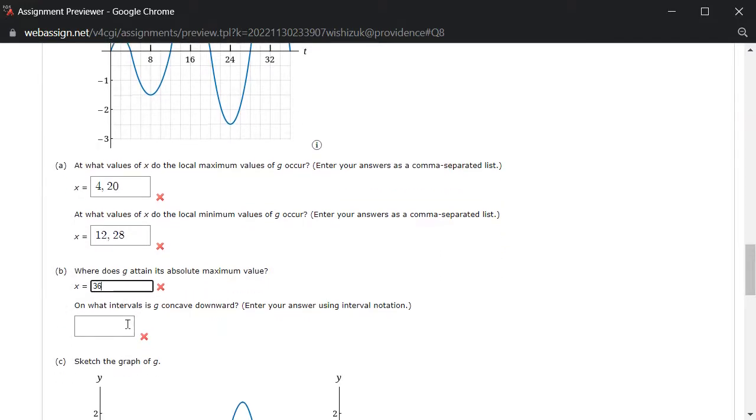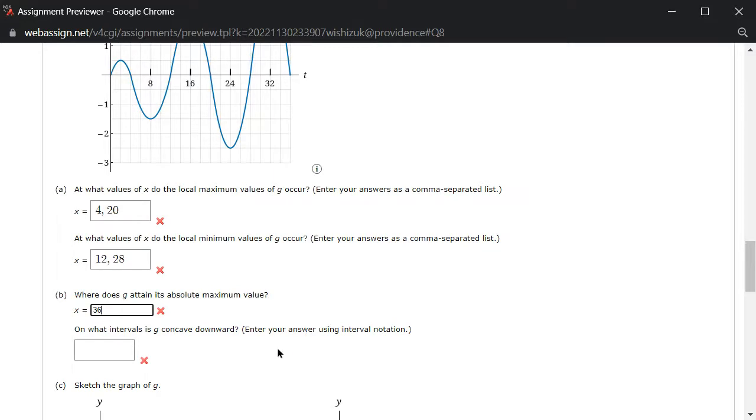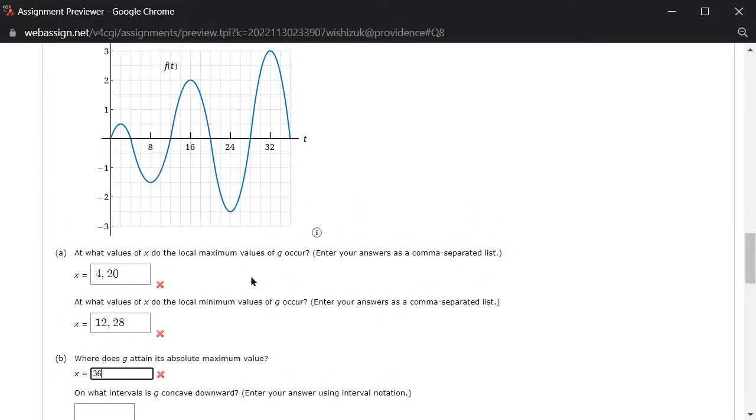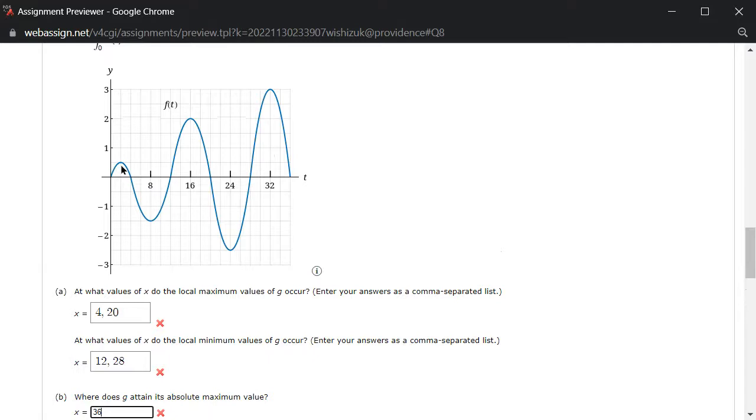On what interval is g concave downward? That means the second derivative is negative, which means whenever this function is decreasing. You can see that it's decreasing from 2 to 8.